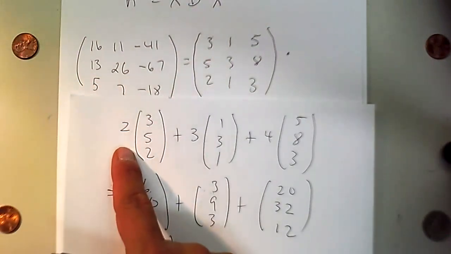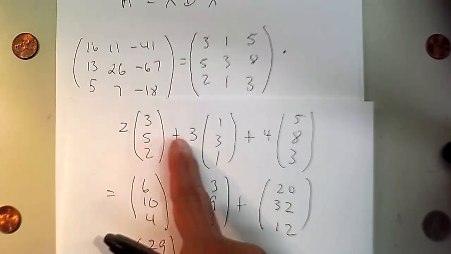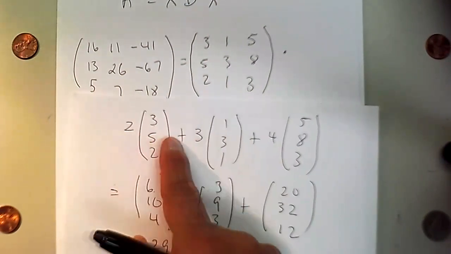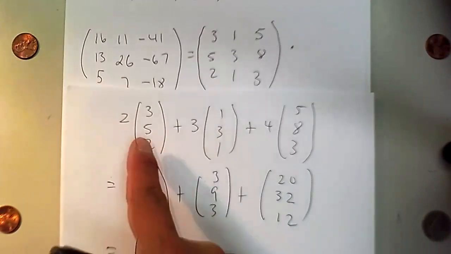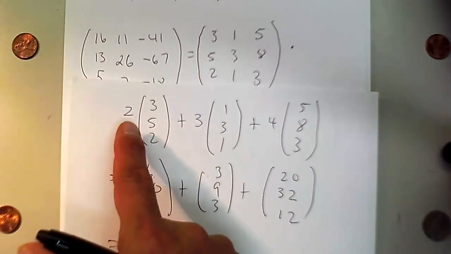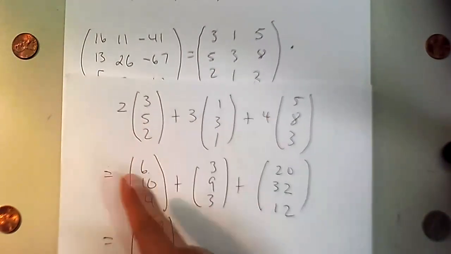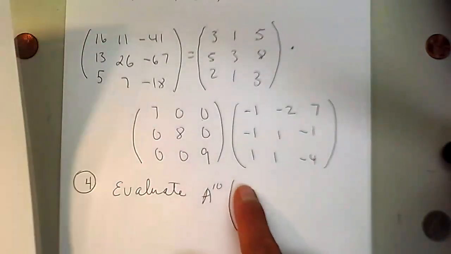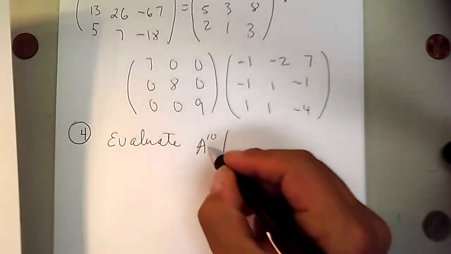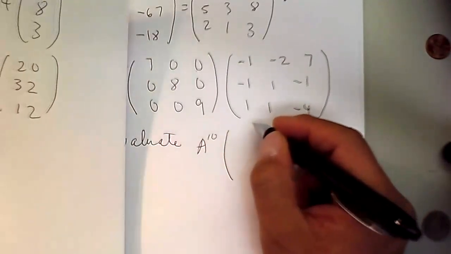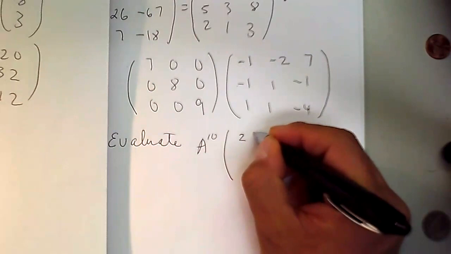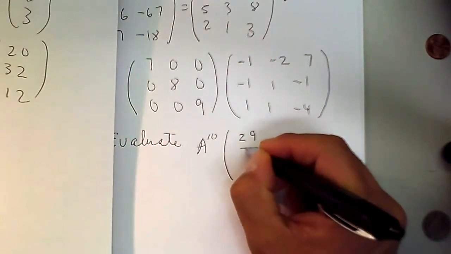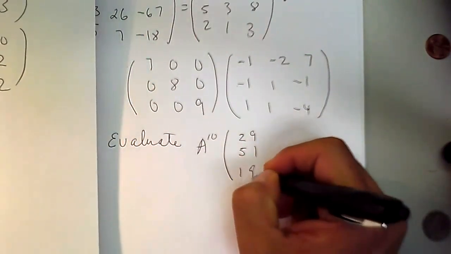In this case I just follow a sequence, although I won't necessarily do that in assessments. But there it is, 2, 3, 4. It's just easy numbers to pick. And then we come up with this vector. So what I would ask you on an assessment is, find A to the 10 of 29, 51, 19.